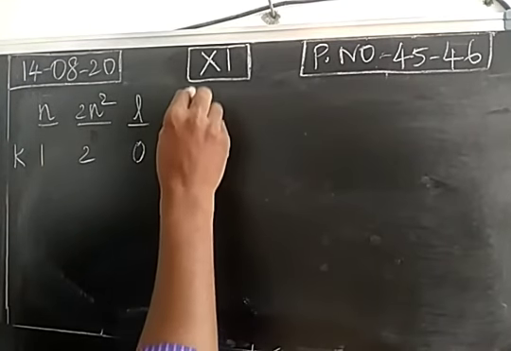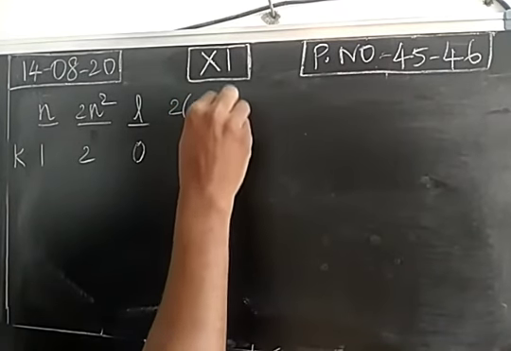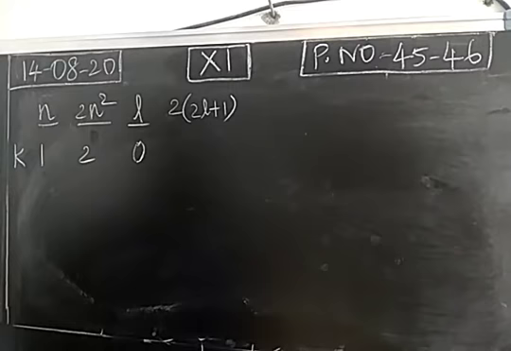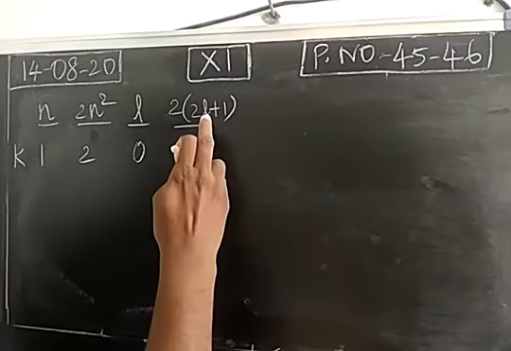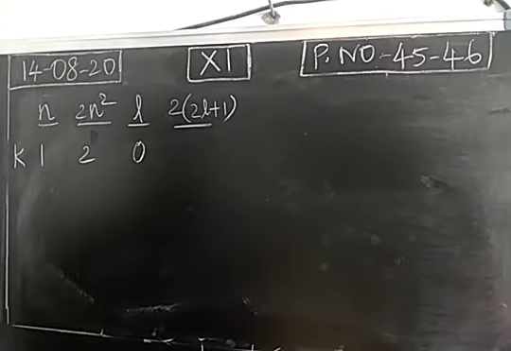Next, we have a formula 2 into (2l plus 1). Using the azimuthal quantum number, we can calculate how many electrons can be present in a subshell. So when we substitute 0 here, what will be the answer? 2. Right.